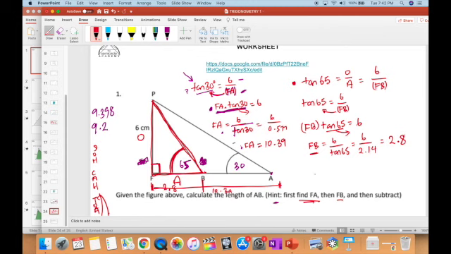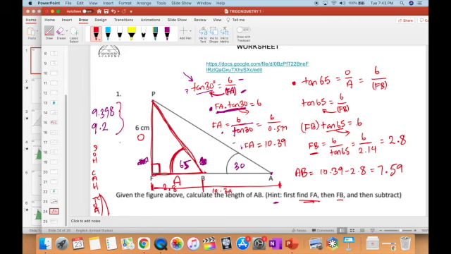So now AB or BA is equal to 10.39 minus 2.8, and that is 7.5, which is way off from the two answers that I got here.